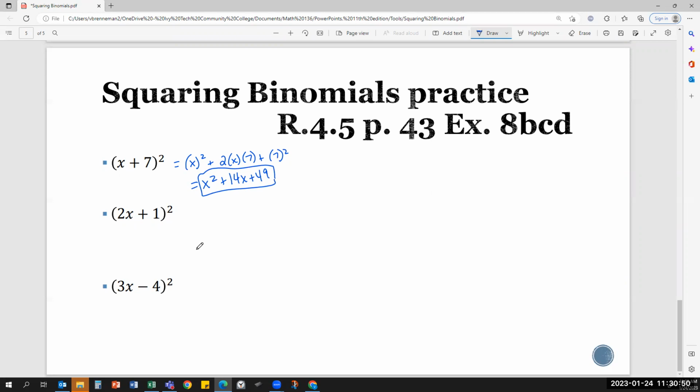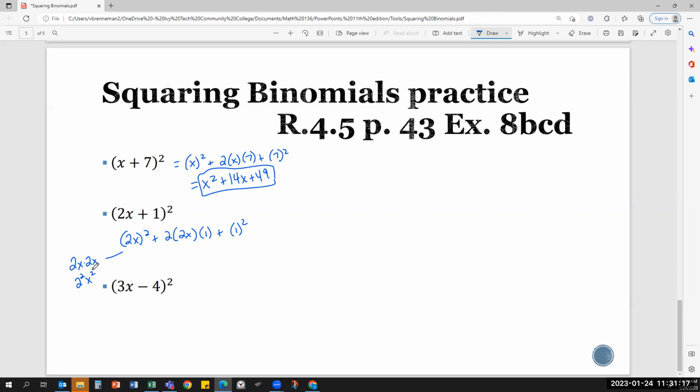Then we're getting slightly more complicated binomials being squared here. 2x plus 1 squared: squaring the 2x, plus 2 times the 2x times the 1, plus the square of the 1. Squaring 2x, you can think of that as 2x times another 2x, or the squaring distributes over multiplication, so it's 2 squared times x squared.